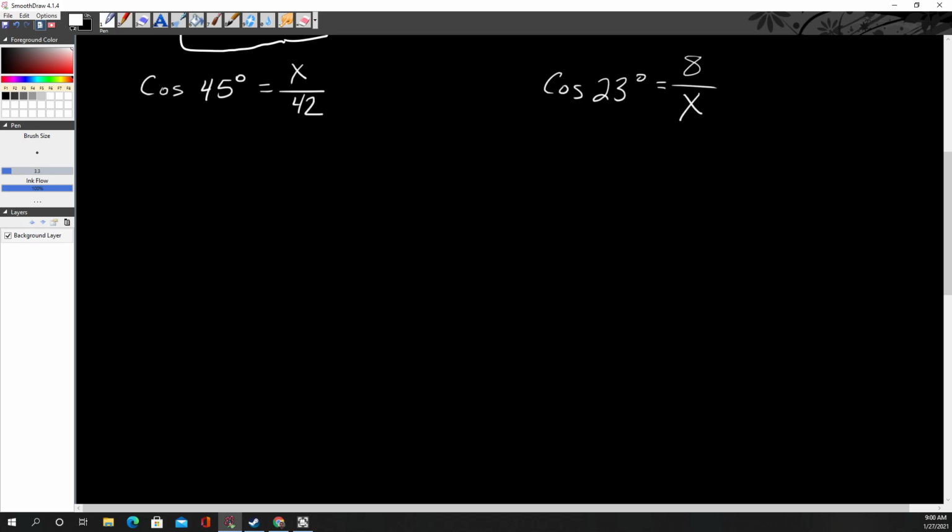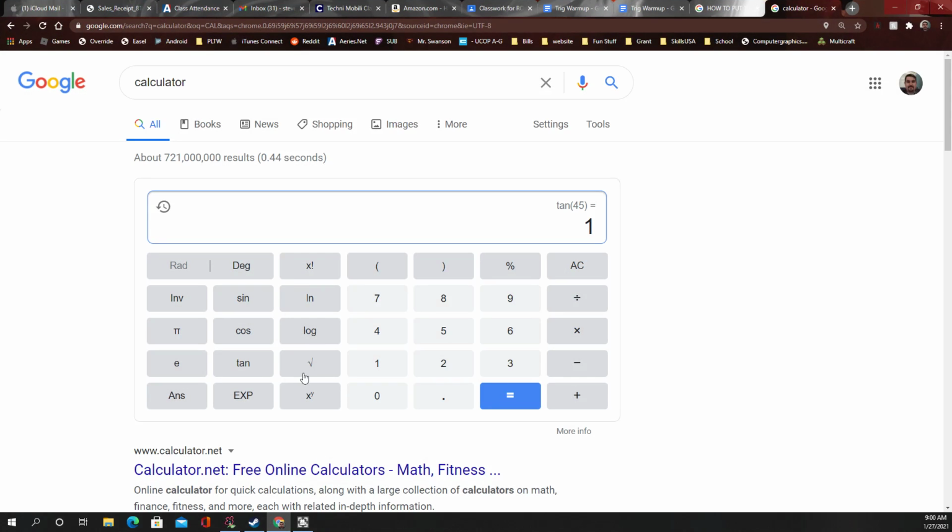All right, let's get to these cosines. So here's an easy one where the x is on top, so we just multiply 42 on one side, but we've got to do that to the other side. And we'll cancel those out here, and we get 42 times cosine of 45 degrees is equal to x. So x is equal to, I'll just flip this equation around so it looks nicer, 42 times, and what's the cosine of 45? Let's just do that now, because we're going to need it.